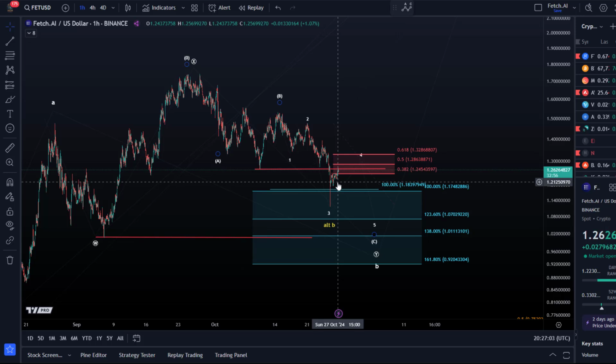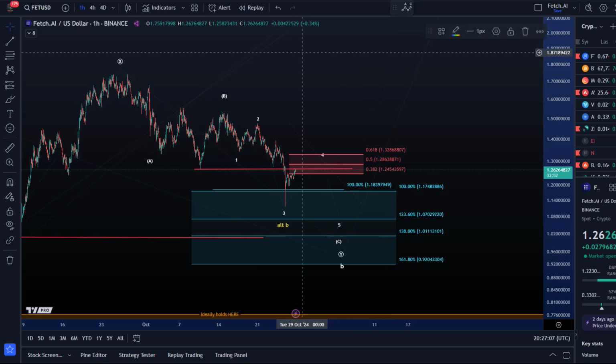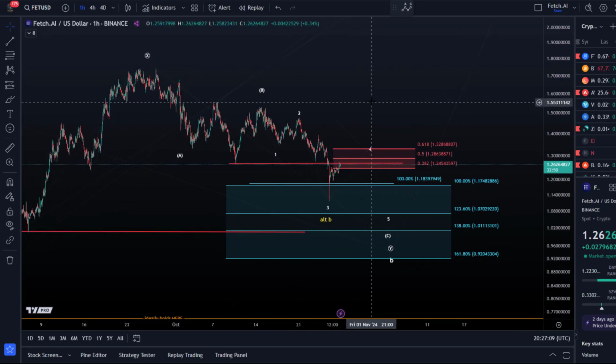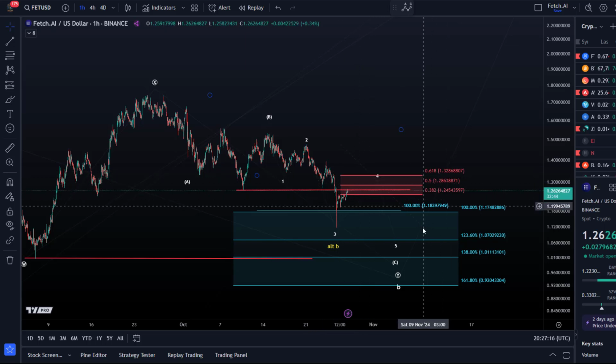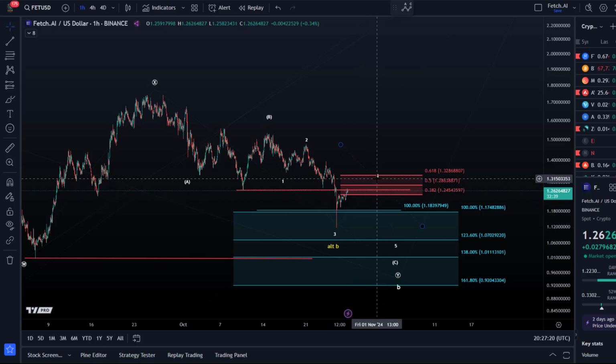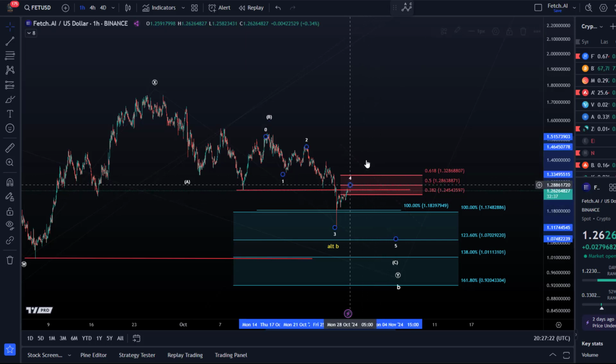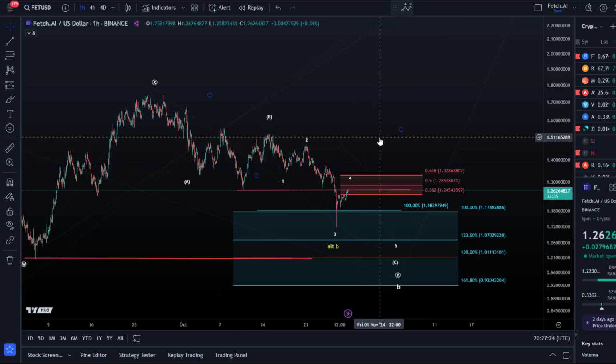At the moment, the thesis would be that in the white wave count, the smaller degree white scenario, this is now a 4th wave bounce. We talked in the previous video about this resistance area that would likely be reached, located between 124 and 133.